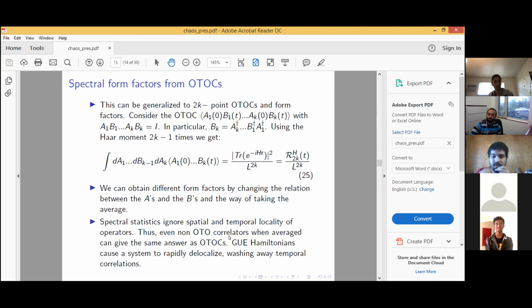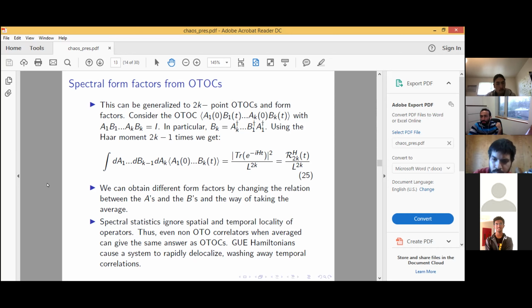The intuition for this is easy to see for the GUE, because by Haar invariance of the GUE, we can change the basis to anything we like, and that will cause the system to delocalize immediately. And so any temporal correlations are lost. In other ensembles, I don't really have an intuition as to what may be happening, but here the Haar invariance gives an intuition for this.